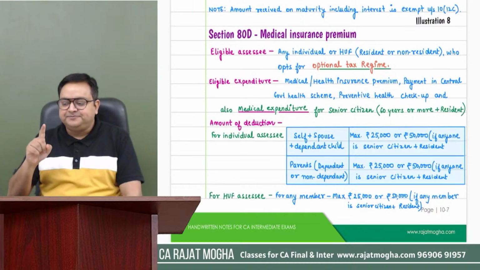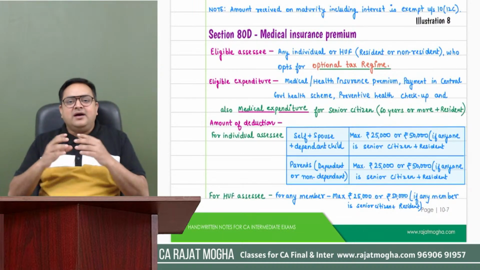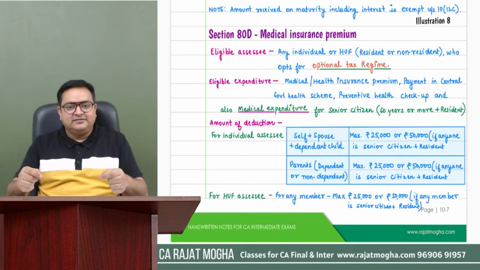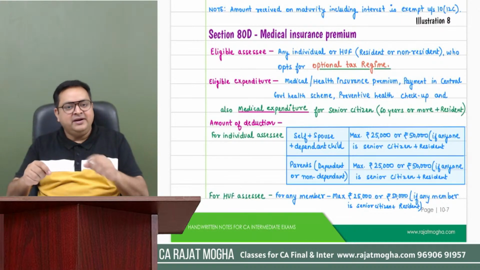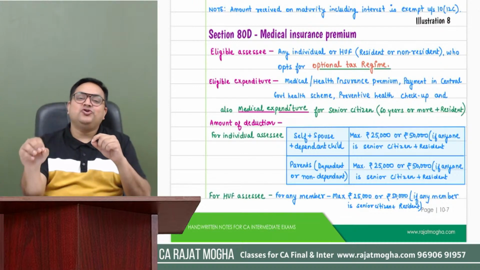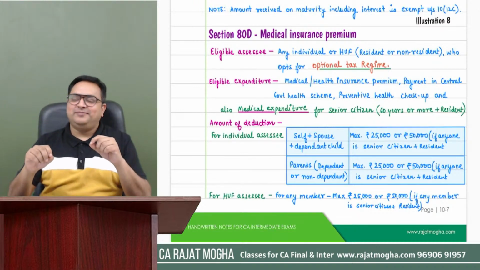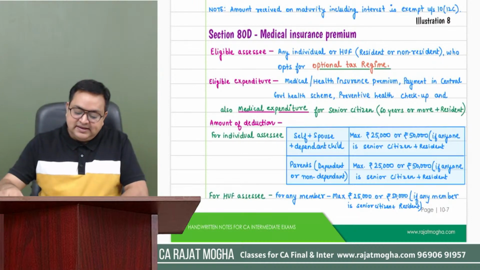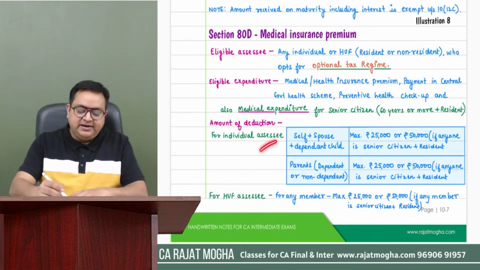Now please remember, if the assessee is paying a life insurance premium for parents, whether they are dependent or non-dependent, under 80C it is not allowed. But if the assessee is paying a health insurance premium, then it is allowed under 80D.